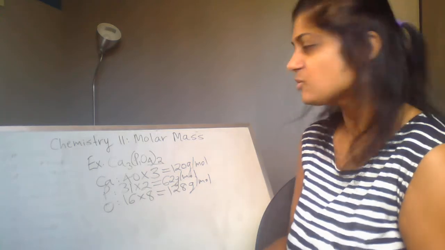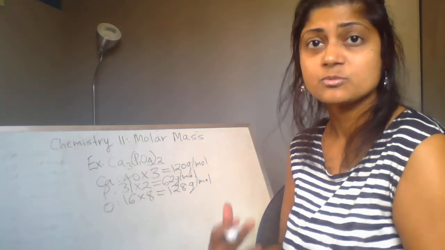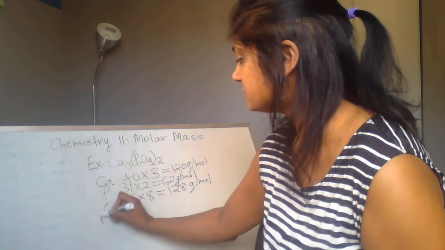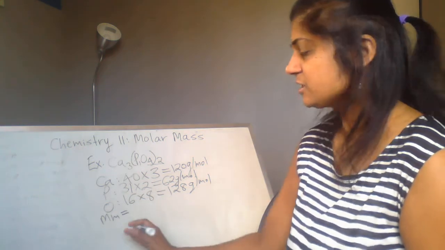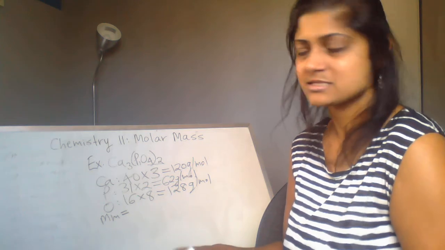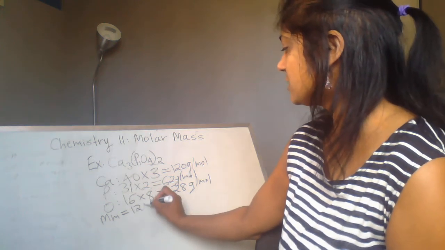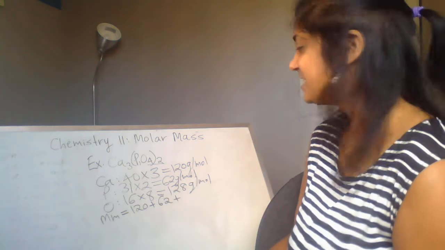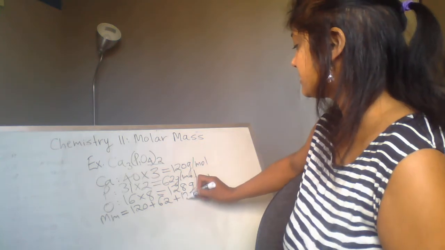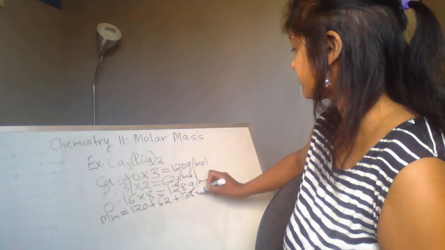All right. And so what we're going to do now is find the total molar mass of my compound. I'm just writing capital M and small m to indicate the molar mass. So we're going to do 120 plus 62 plus 128.